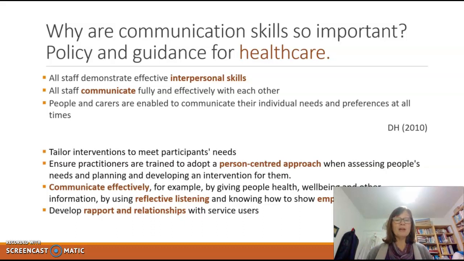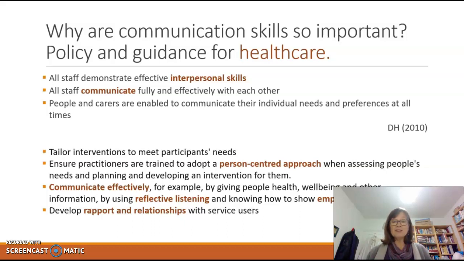All staff communicate fully and effectively with each other. And people and carers are enabled to communicate their individual needs and preferences at all times. So your communication's not just about you telling someone what to do or giving your opinion. It's about facilitating others to communicate as well.